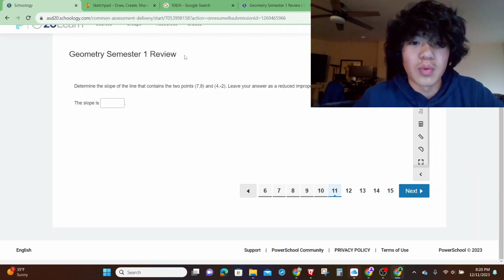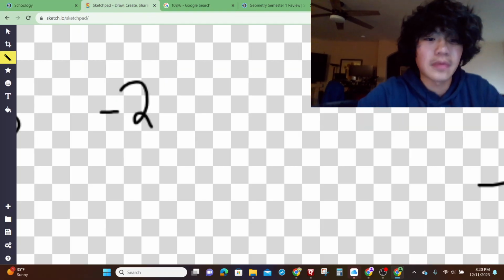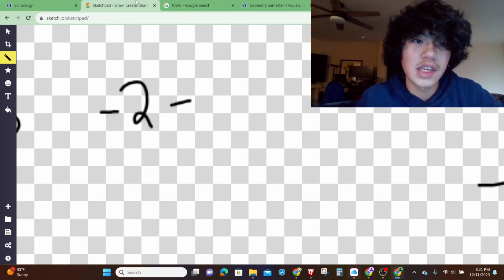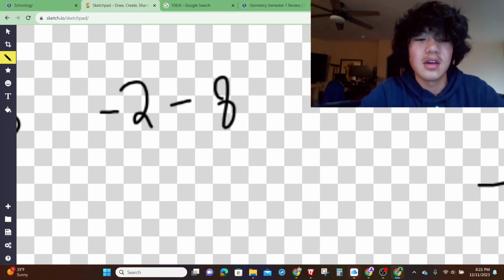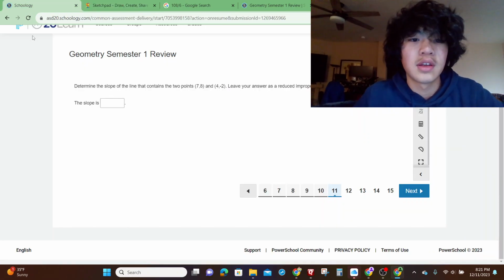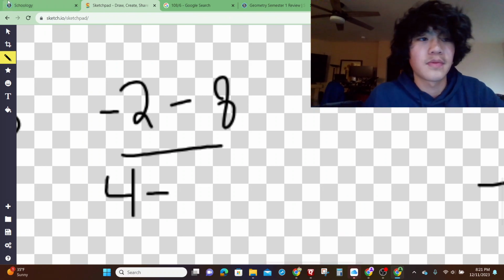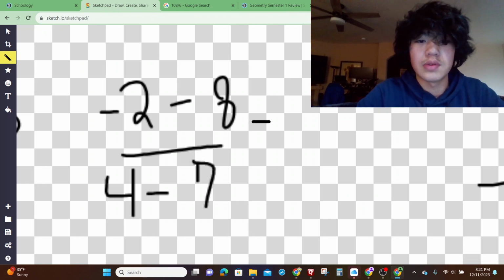Y2 is negative 2 minus y1, which is 8, so negative 2 minus 8 over x2, 4, minus x1, 7.